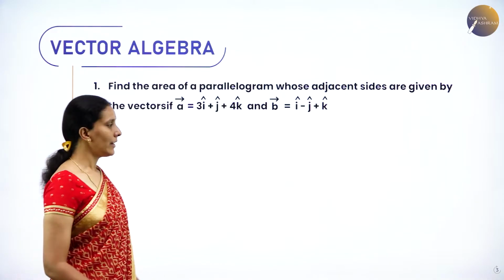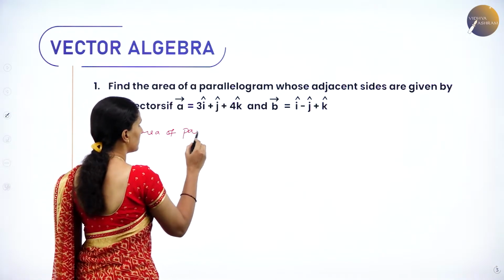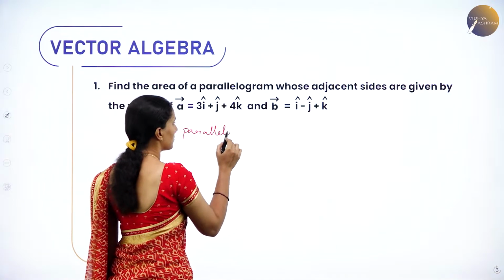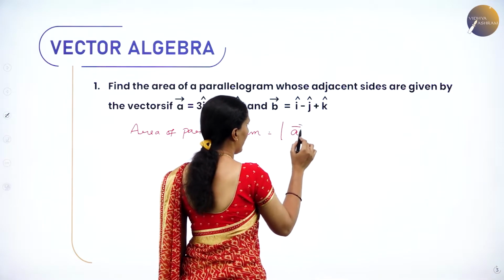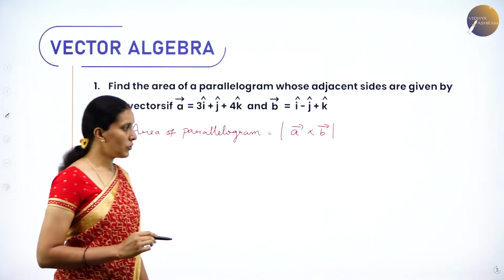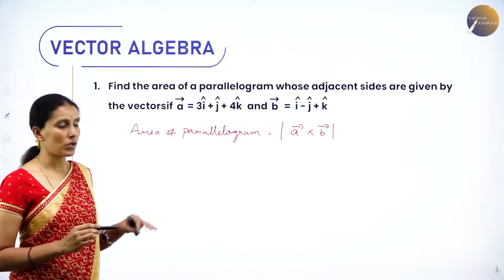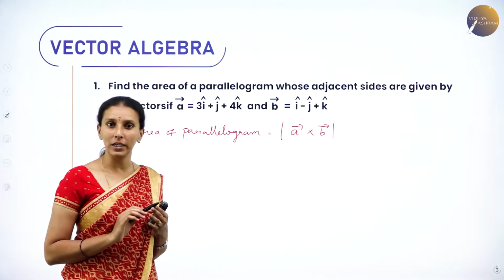So we know that area of parallelogram is given by modulus of vector A cross vector B. So first we need to find out what is vector A cross vector B. So we know that A cross B can be expressed in terms of a determinant form.